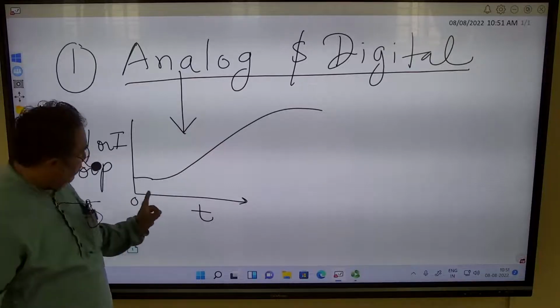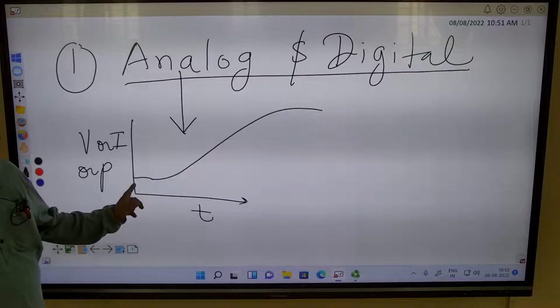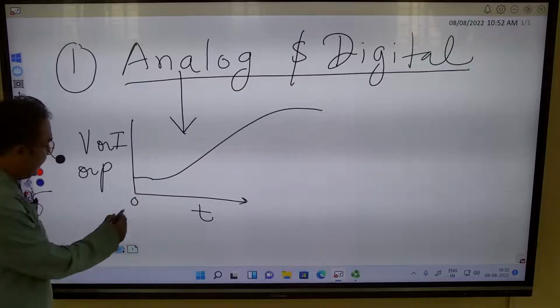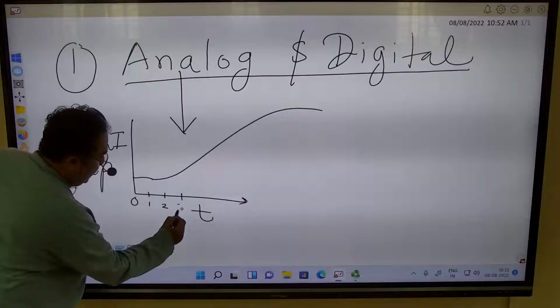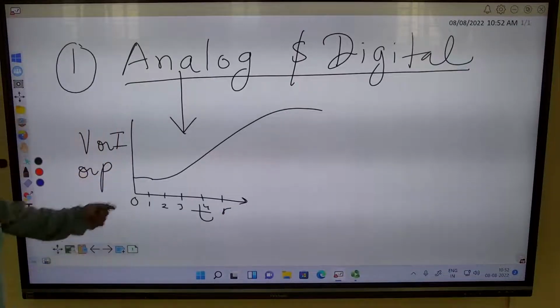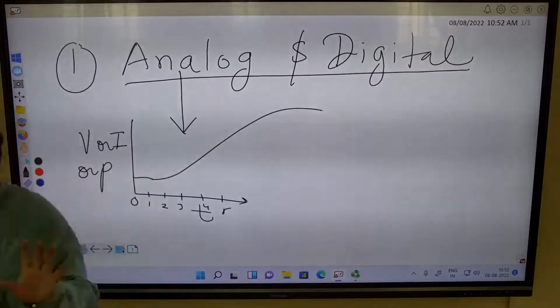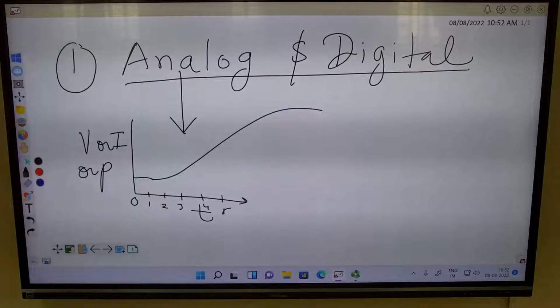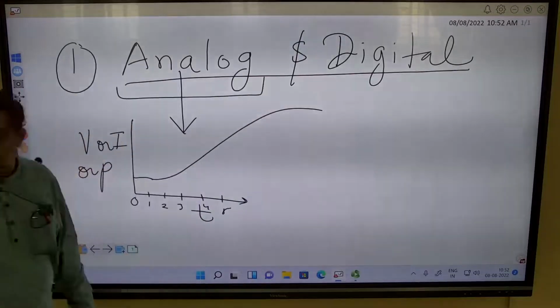For all t values, at t equal to 0 there is some value, suppose this is 1 second, this is 2, this is 3, this is 4, this is 5, and in between 0 and 1 also you have a particular value of voltage, current or power, is it not? So the signal is continuous.